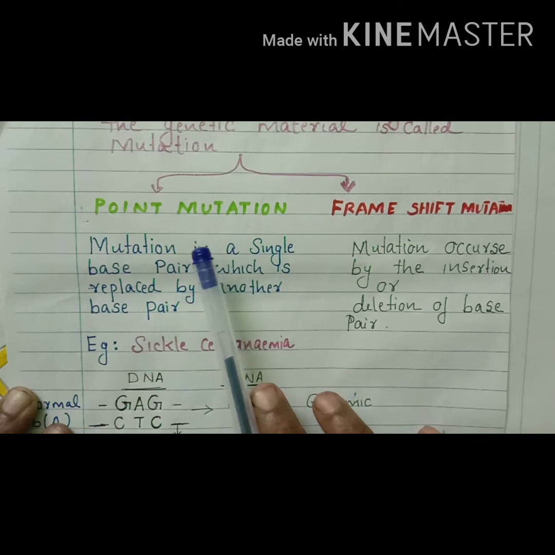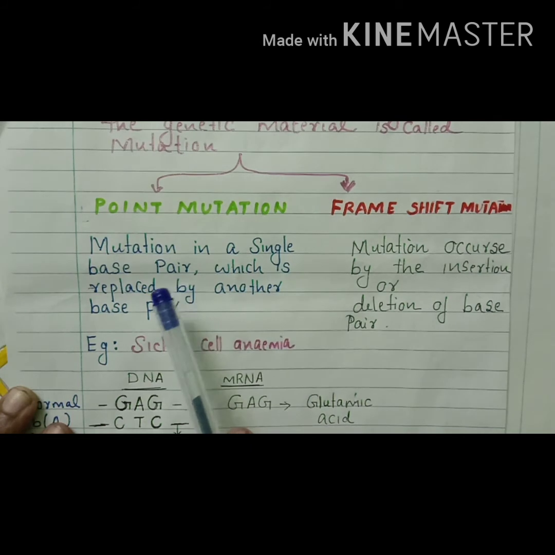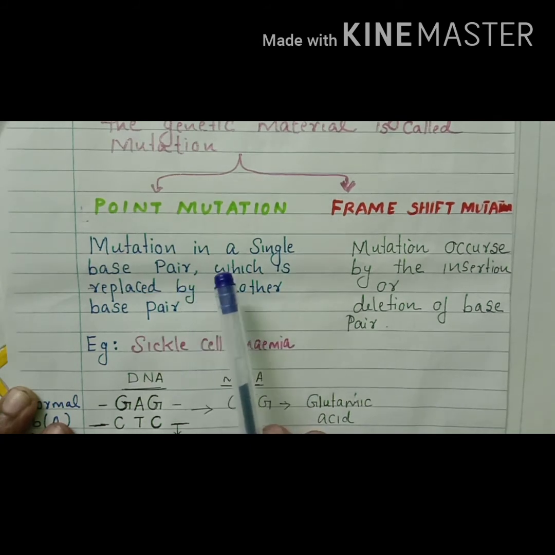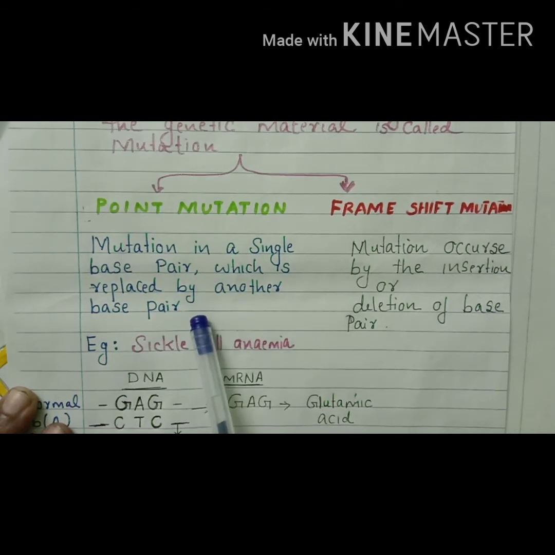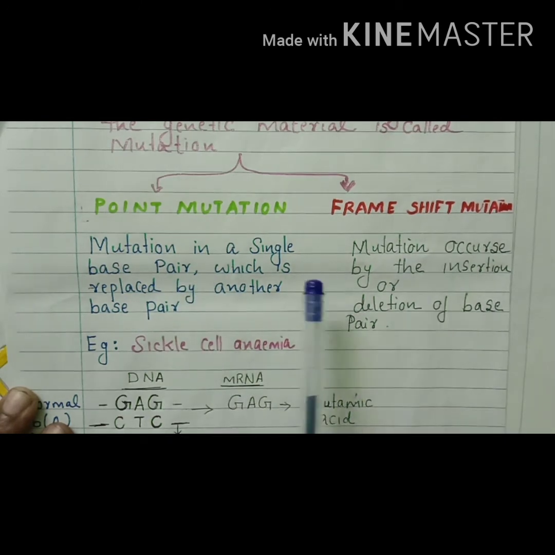First of all, what do you mean by point mutation? It is a mutation which occurs in a single base pair, where the single base pair is replaced by another base pair. But in frame shift mutation, the mutation occurs by the insertion, that is addition, or the deletion of a base pair.